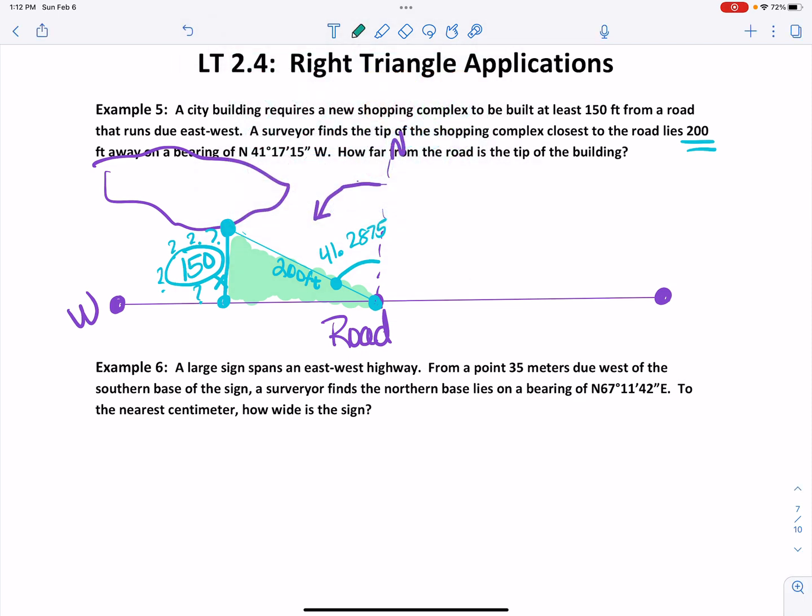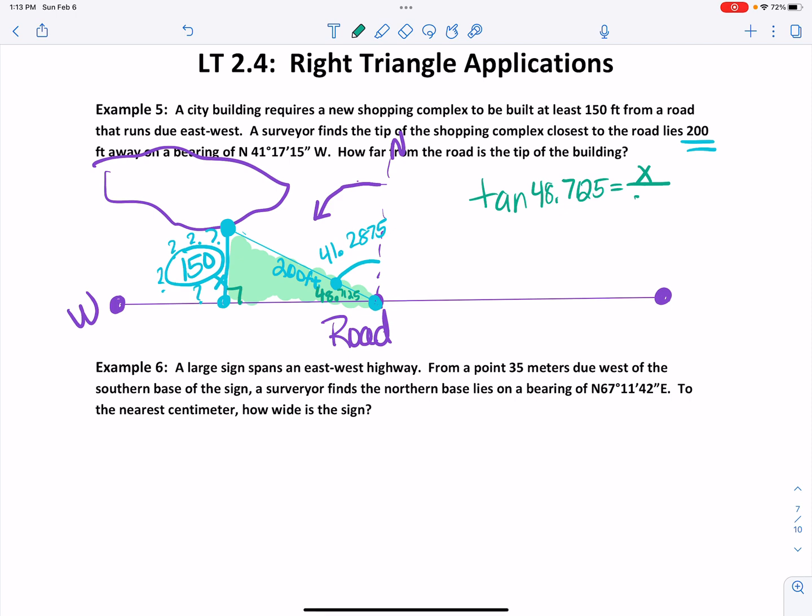Okay, so if I do 90 minus 41.2875, I get 48.7125, so this angle in here is 48.7125, and I'm doing opposite over, whoa, that's the hypotenuse.